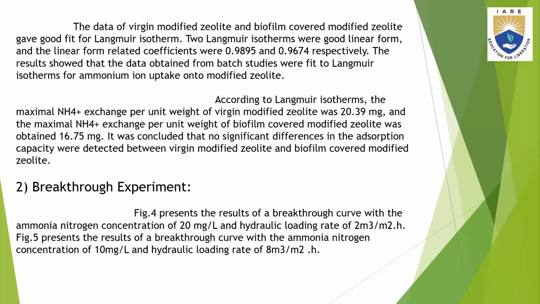Second, breakthrough experiment. Figure 4 presents the result of the breakthrough curve with an ammonia nitrogen concentration of 20 mg per L at a hydraulic loading rate of 2 m3 per m2 h. Figure 5 presents the results of a breakthrough curve with an ammonia nitrogen concentration of 10 mg per L and a hydraulic loading rate of 8 m3 per m2 h.